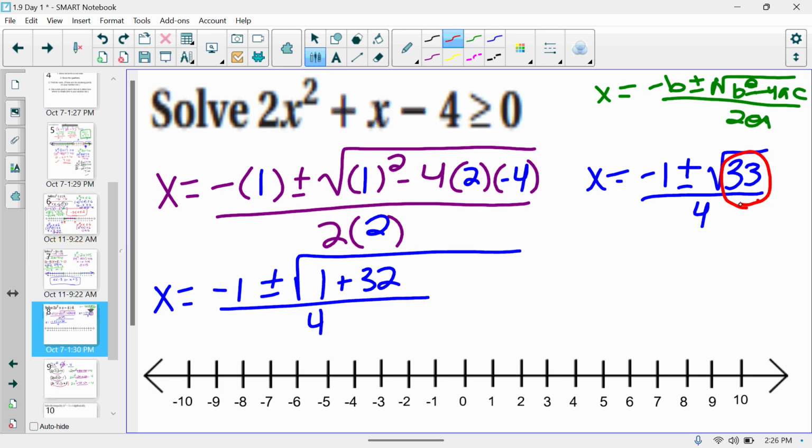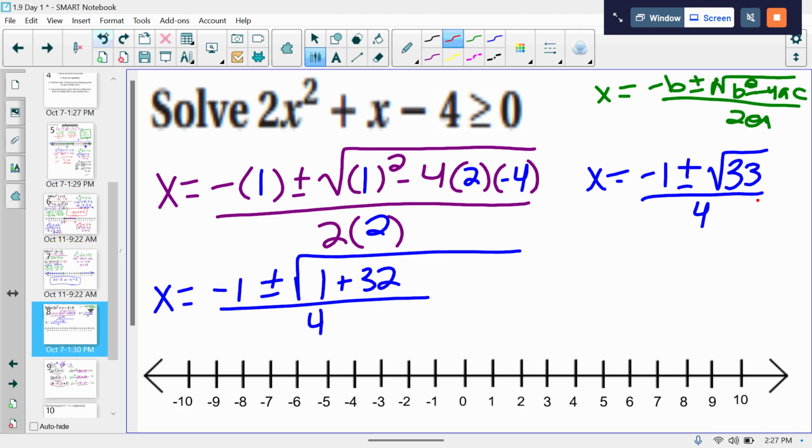Whenever it's a perfect square, that means you could have actually solved the problem by factoring. But this is a way to confirm this cannot be factored if that's not a perfect square. Just a little side note, okay? You don't really need to know that. It's just a helpful tool that you know, yeah, it's good that I'm doing the quadratic formula because I have to. It can't be factored, okay?